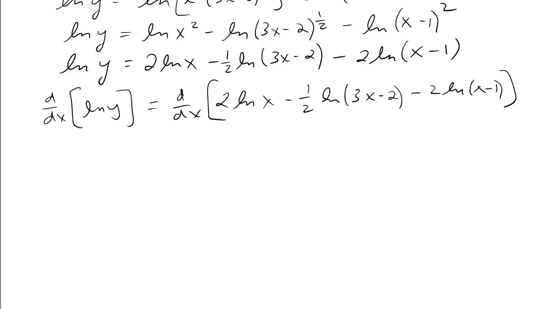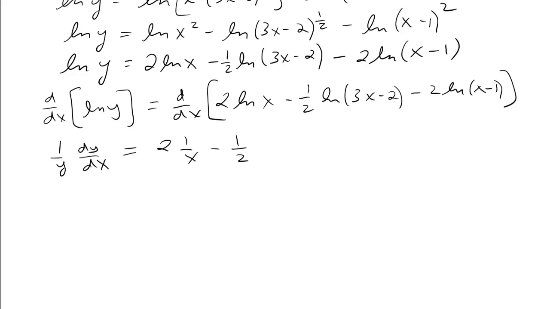So what is the derivative of ln y? Well, the chain rule in implicit differentiation tells us that that's 1 over y dy dx. On the right-hand side, this is just our regular derivatives. So we get 2 times 1 over x minus 1/2.